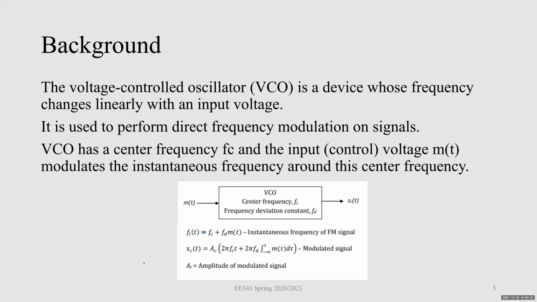Then in practical analysis, when we want to make the frequency changes or frequency modulation, we pass the signal through a voltage controlled oscillator. So m of t passed through the voltage controlled oscillator, and xc of t will give me the change in the frequency.